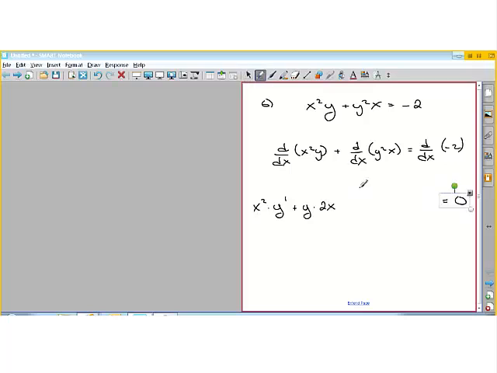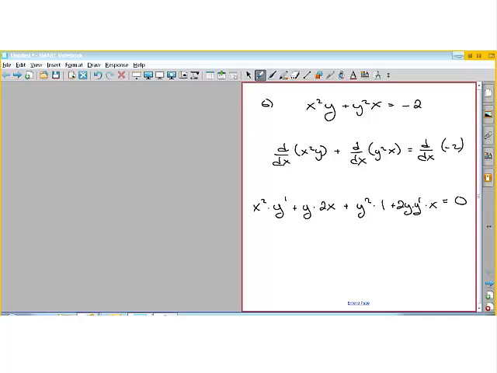Okay, do the same thing on the second part. So we take the first term, y squared, multiplied by the derivative of the second. The derivative of x with respect to x is 1. And then we take the derivative of the first term, which is 2y y prime, and we multiply by the second term.